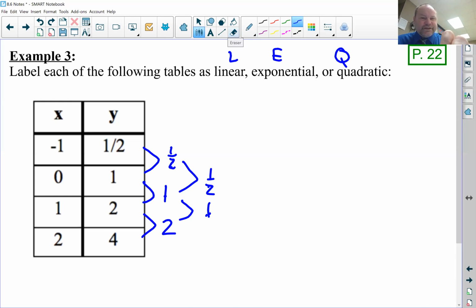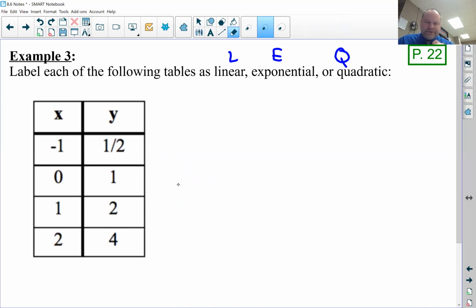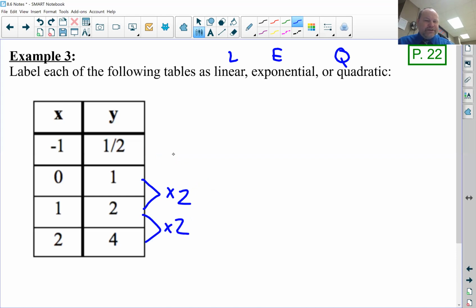So if the first and second differences are not the same, hopefully we're thinking, well, maybe exponential, but then we have to determine what we multiply by for it to be exponential. And I think it's easy to see right here, we multiply by 2. And right here, we multiply by 2. Maybe a little more difficult to see it with the fraction, but this one is exponential.